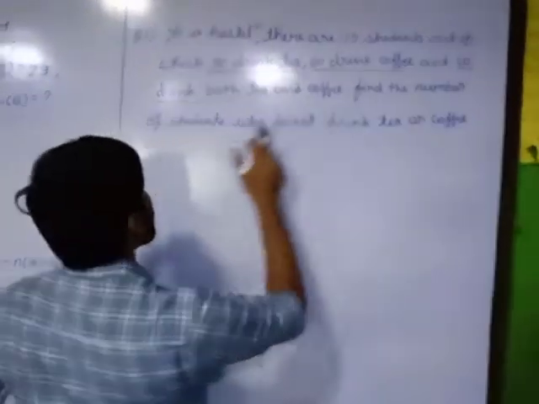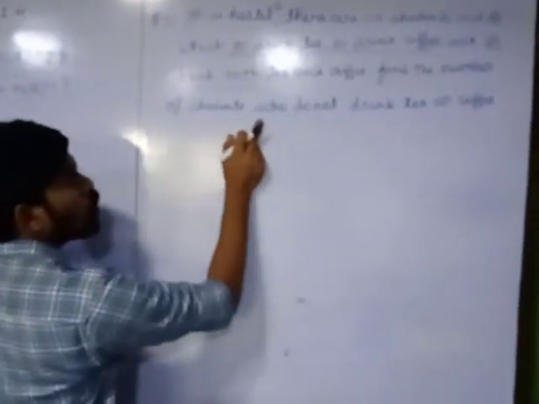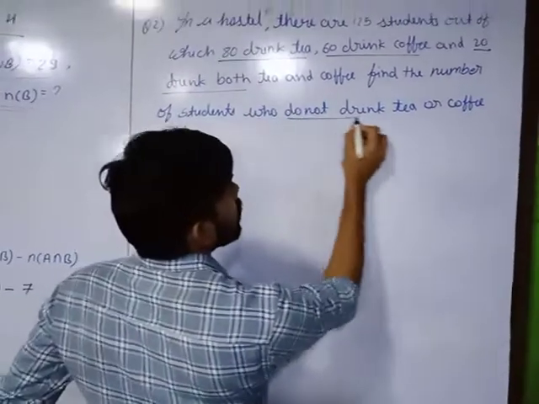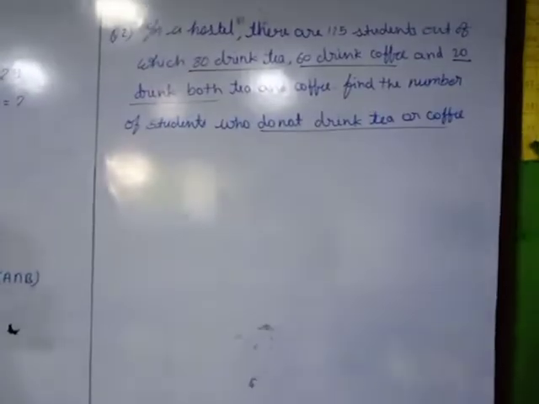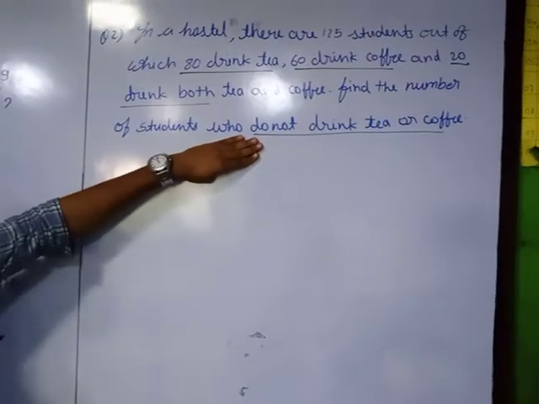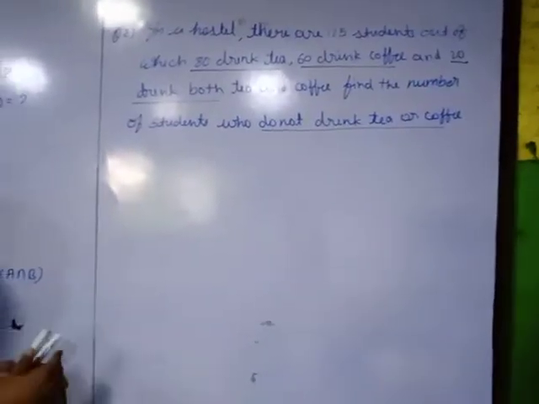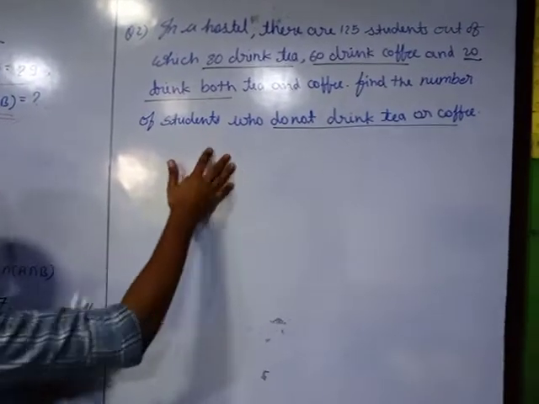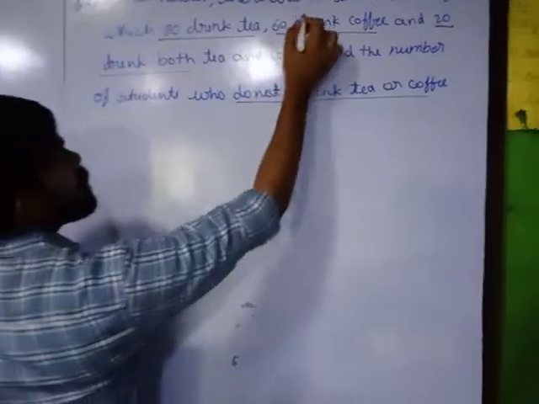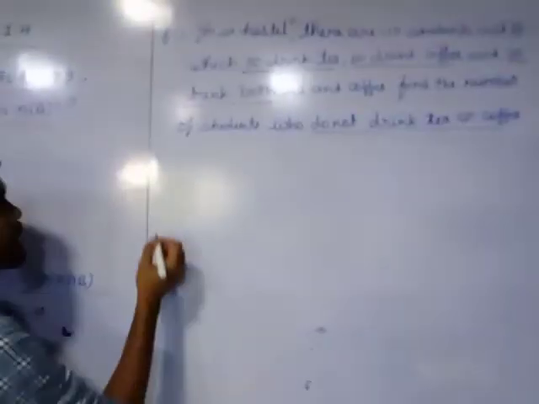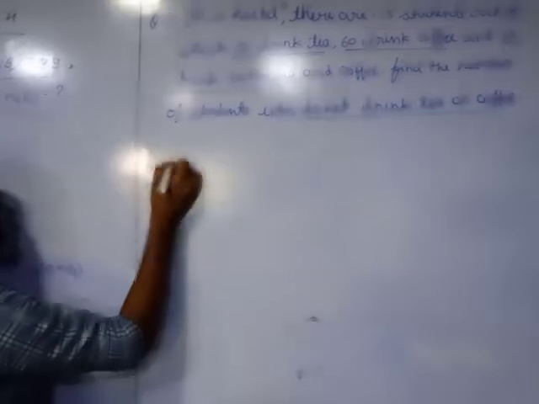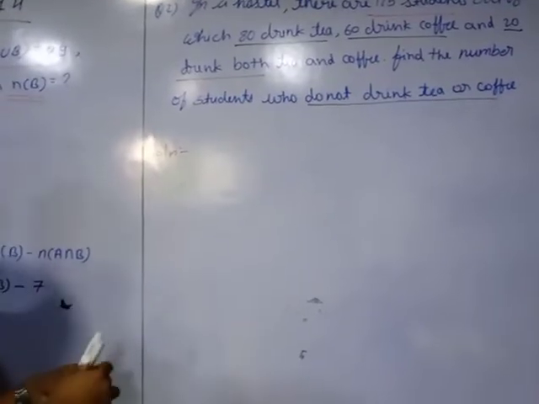Find the number of students who do not drink tea or coffee. Means we have to find in this sum the number of students who drink neither tea nor coffee. Just recall whatever we are having. This is 125 students. Let's start.